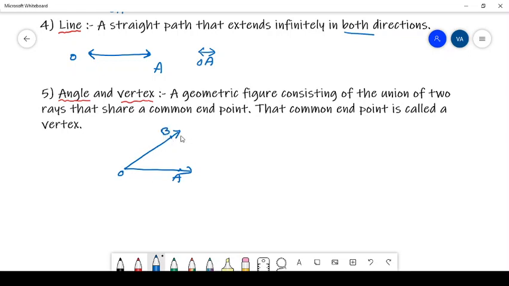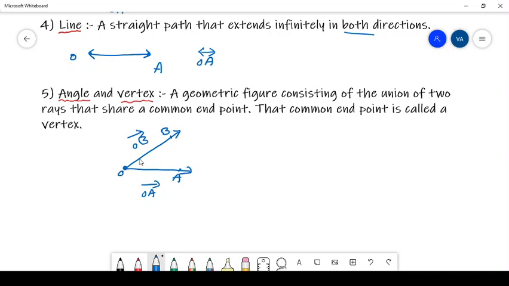OA and OB are two rays. This is the OA ray, this is the OB ray. Two rays share a common end point; here the common end point is O.